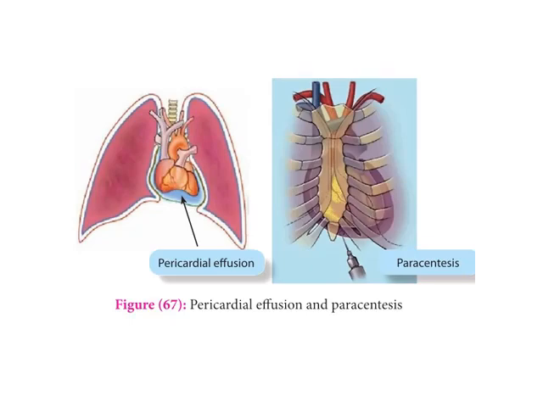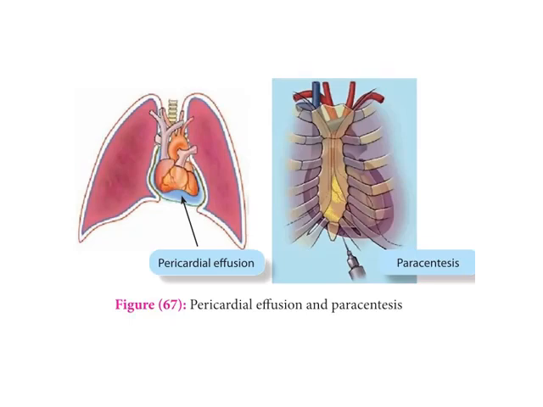Pericardial effusion is so dangerous as it affects the contraction of the heart, and it compresses the heart in a case called cardiac tamponade. To evacuate this fluid by a process called paracentesis, we insert a needle in the bare area of the pericardium to protect from injury of the lung or pleura and evacuate this fluid.